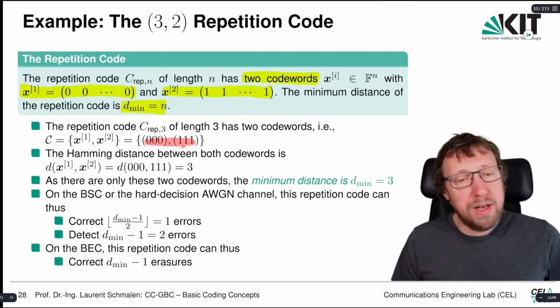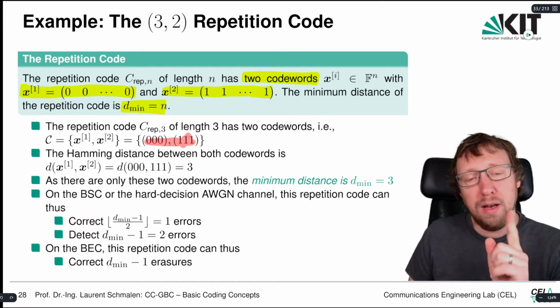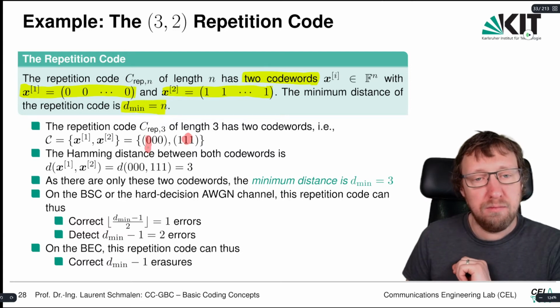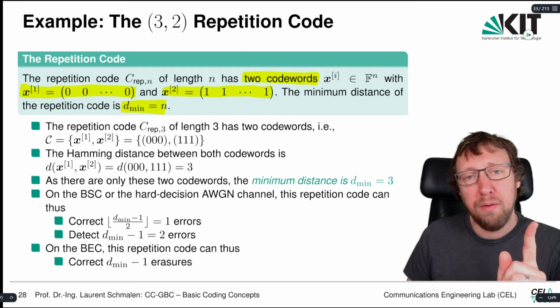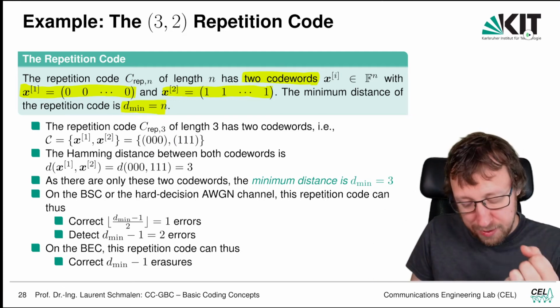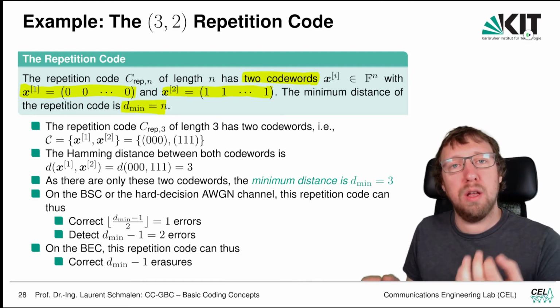If we have two erasures, it means we have exactly one bit that has been received correctly. And we know this bit is either 0 or 1. If we receive a 0, we know that the other two bits must also be equal to 0. If we receive a 1, we know that the other two bits must also be equal to 1.